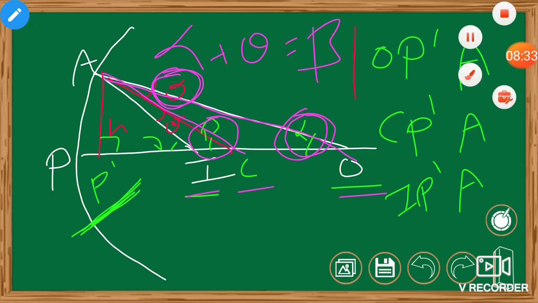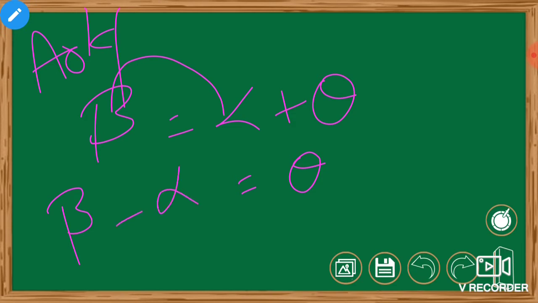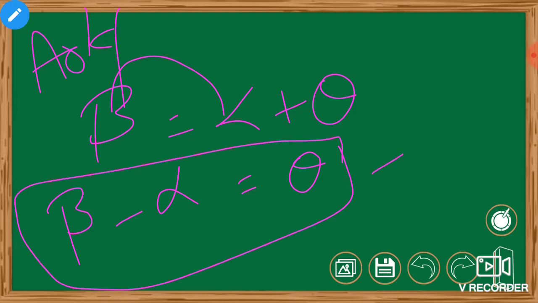Okay, so by this triangle AOC, we found the formula that beta equals alpha plus theta, and here theta equals beta minus alpha, as alpha goes to the LHS. Finally we found theta equals beta minus alpha. This is equation 1.